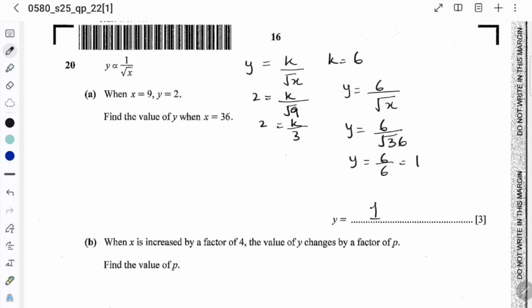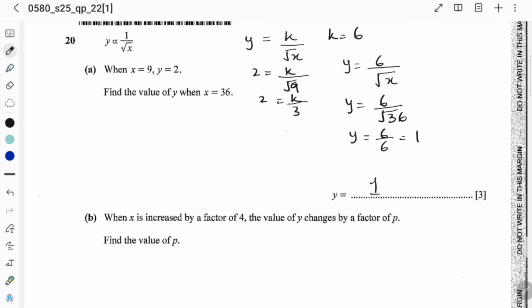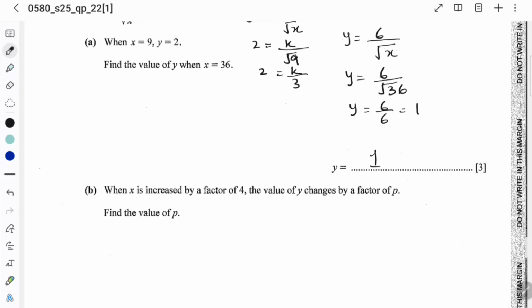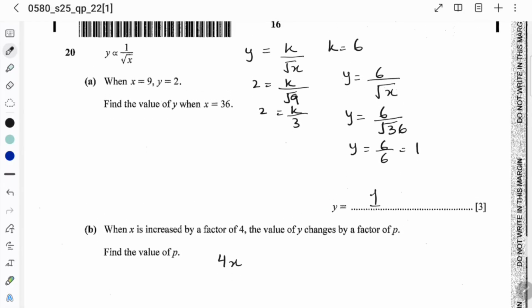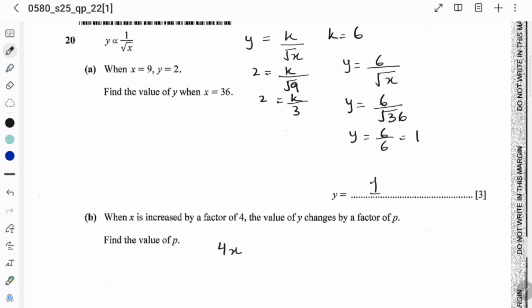When x is increased by a factor of 4, the value of y changes by a factor of p. Find the value of p. Alright, now in this question, x increased by the factor of 4 means 4x. And y changes by a factor of p. So we'll have to see how much change it is, like for example, in the last question the k was 6.